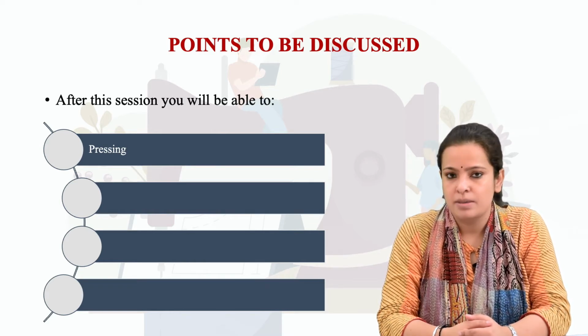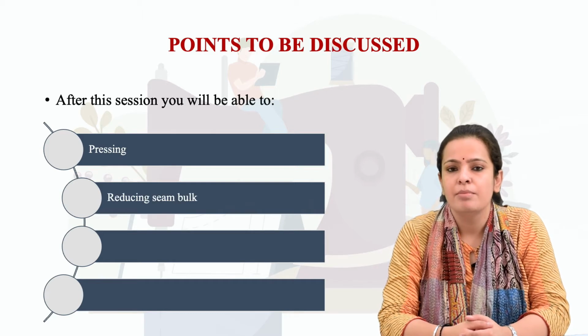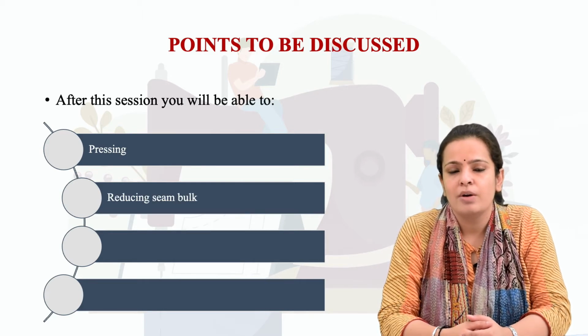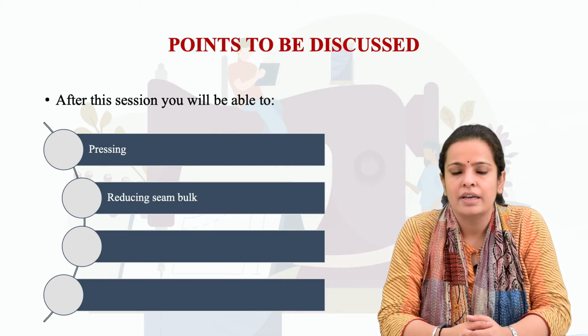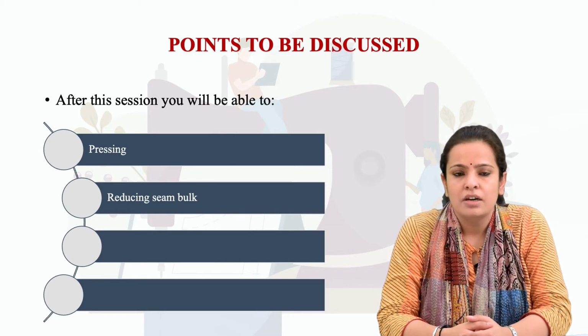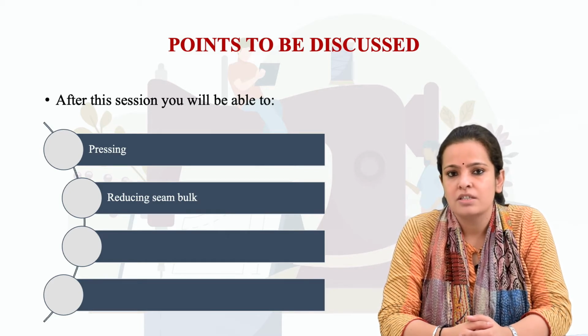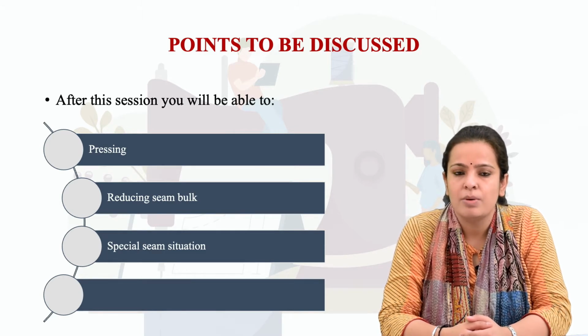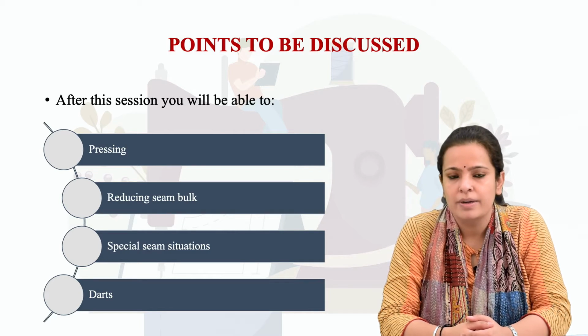Next we will discuss reducing seam bulks, how we reduce the seam bulks when we are going to construct a garment, and its process. The third topic is special seam situations, and lastly we will discuss darts, their different types and their use in garment construction.